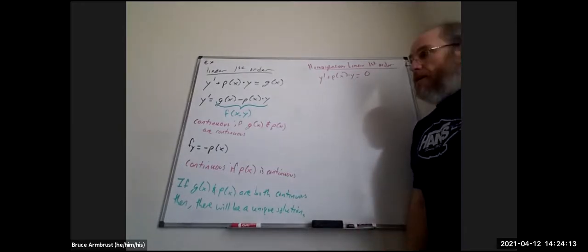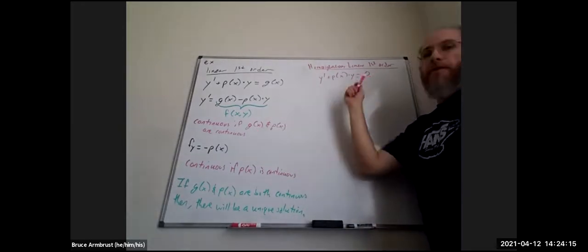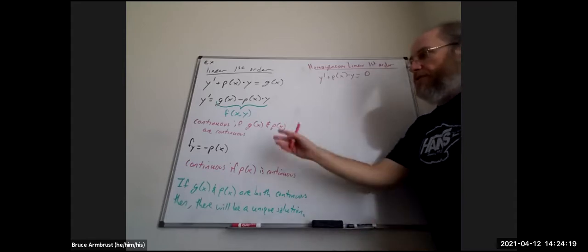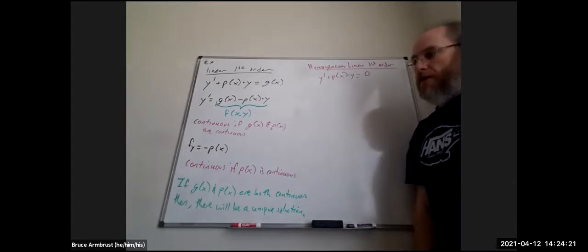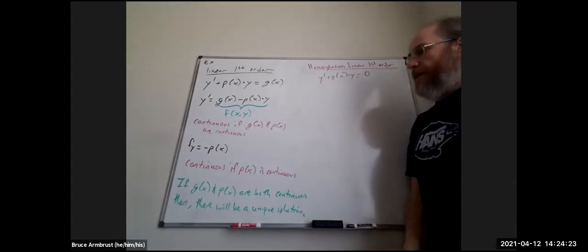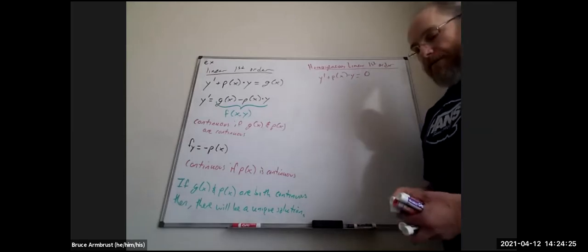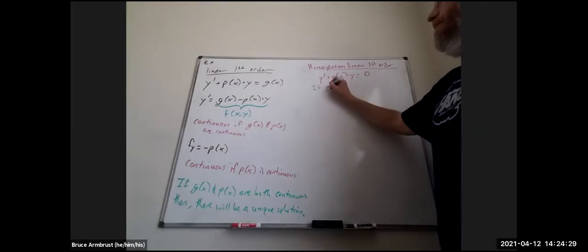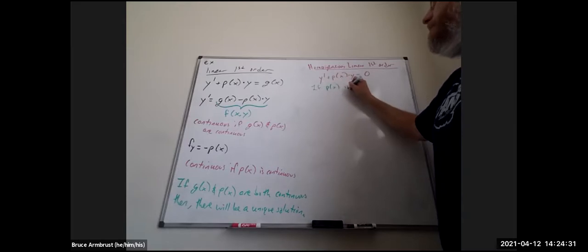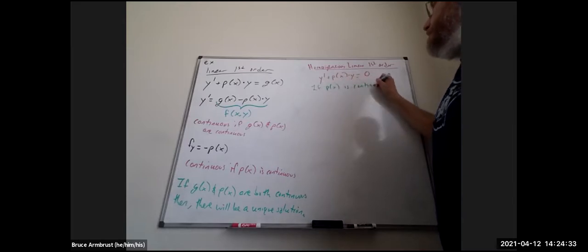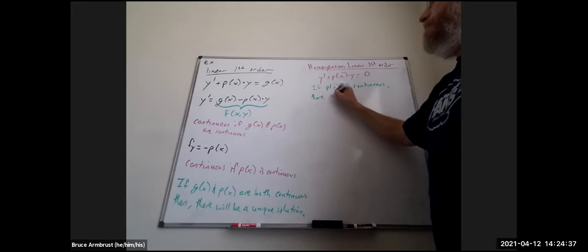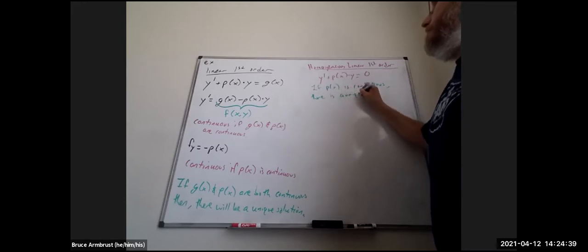The g is now 0. 0 is always continuous, so g is always continuous. So all of this comes down to just p of x. So the statement we can make for these is, if p of x is continuous, there is a unique solution.